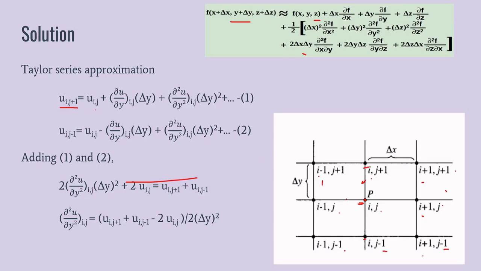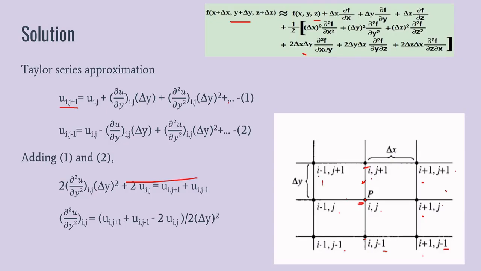That I can write, with help of Taylor series, as u i j plus dou u by dou y at i j into delta y plus dou square u by dou y square at i j into delta y square plus higher order terms.